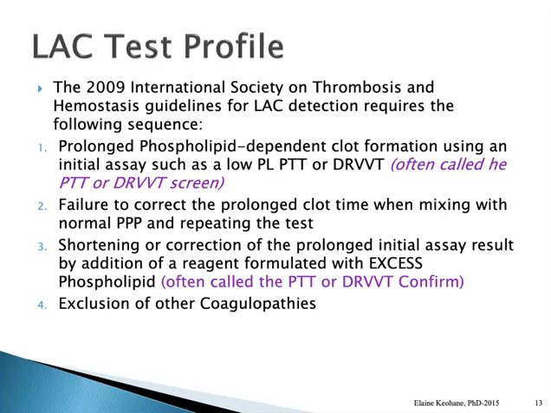And lastly, you must exclude any other type of coagulopathies. So there is a sequence to the diagnosis of lupus anticoagulant by using a screen phospholipid-dependent test and a confirm test, which has a higher excess of phospholipid reagent, and a mixing study.